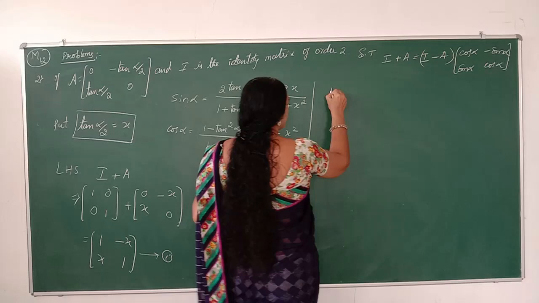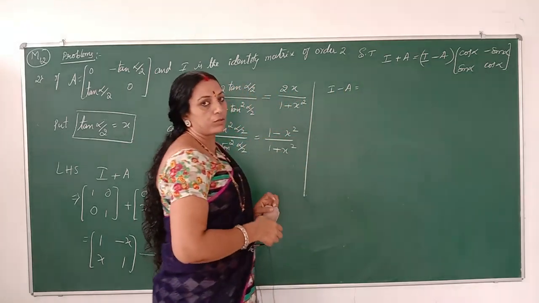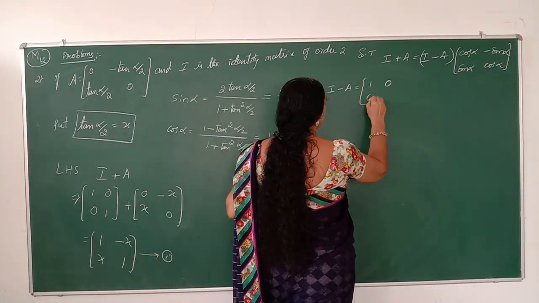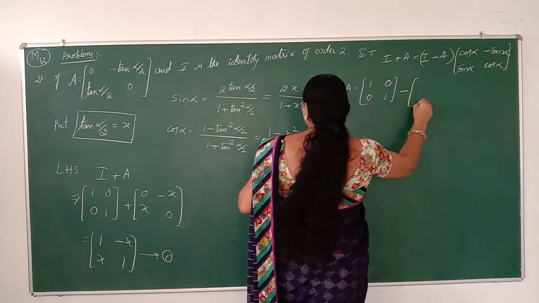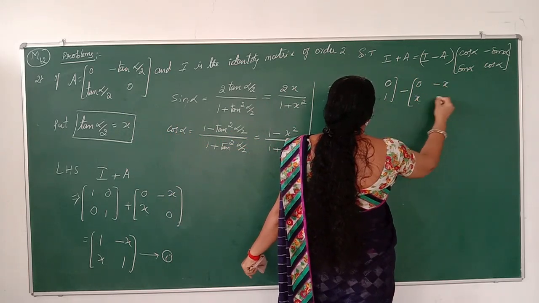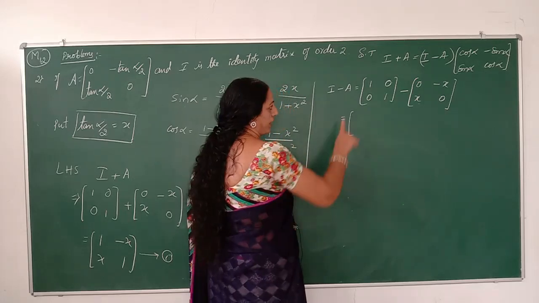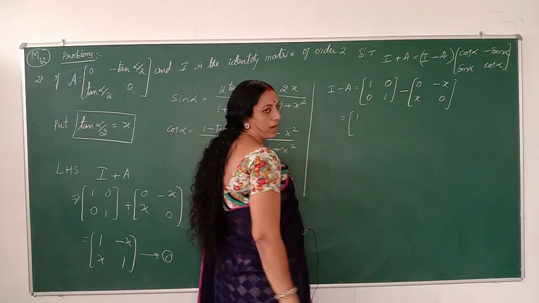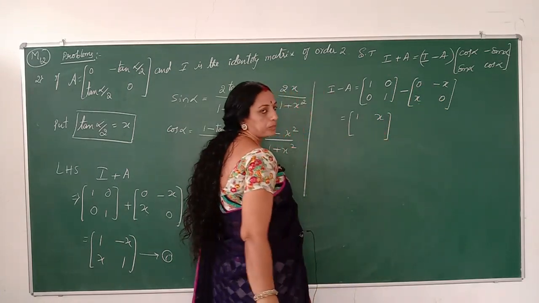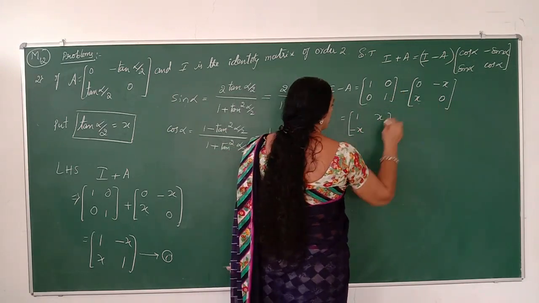Then we will consider the RHS, I minus A. First we will find the elements of I minus A. I can be written as 1 0 0 1, minus A, which can be written as 0 minus x, x 0. After subtraction of these two matrices, 1 minus 0 is 1, 0 minus of minus x is plus x, 0 minus x is minus x, 1 minus 0 is 1.